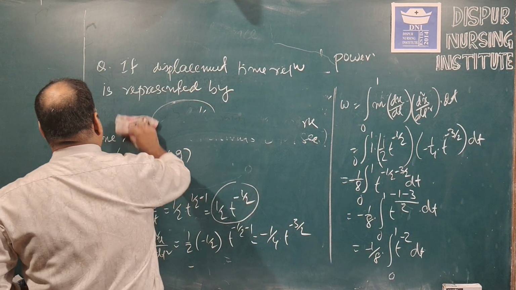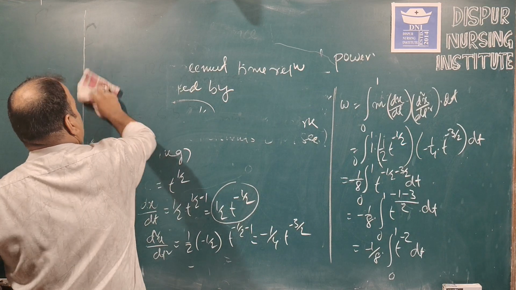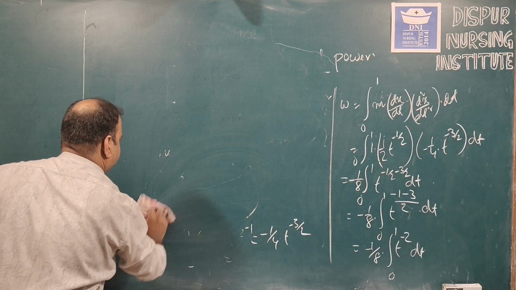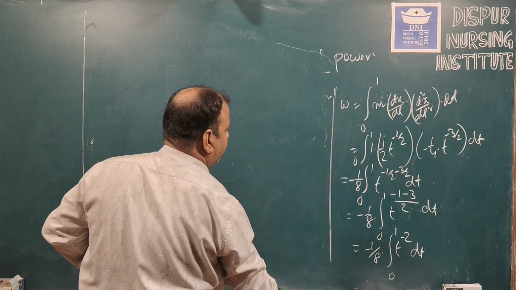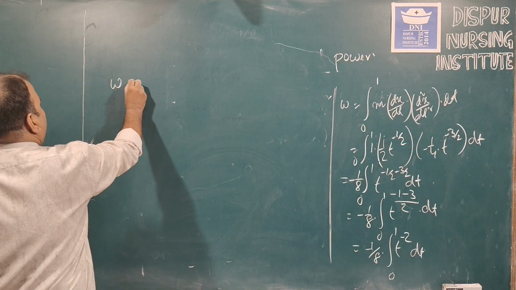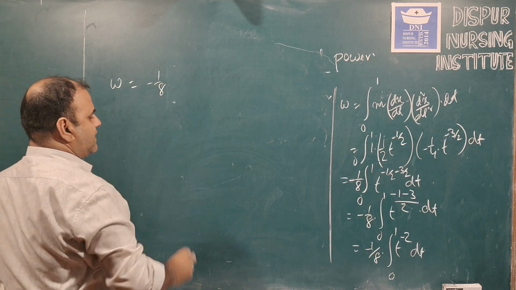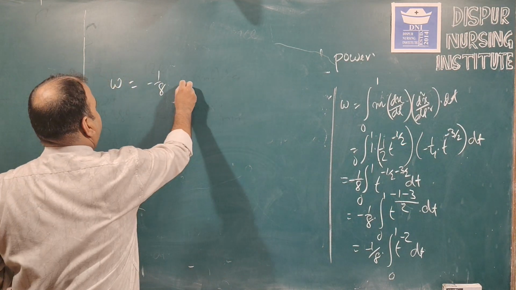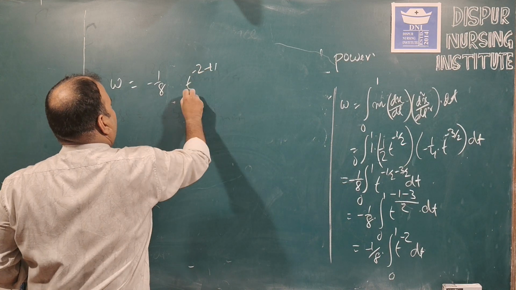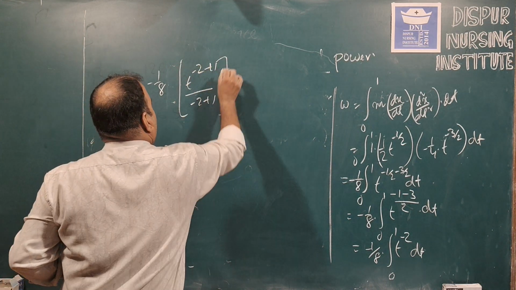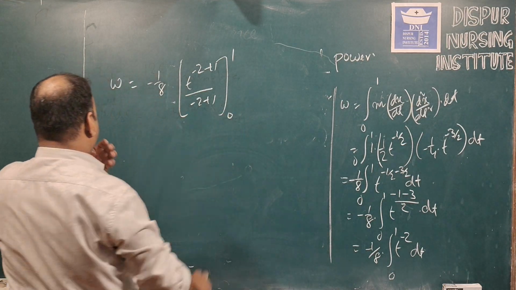Here the work done w is equal to minus 1 by 8 times the integral of t to the power minus 2. According to the integration rule, it is t to the power minus 2 plus 1, with the upper limit 1 and lower limit 0.